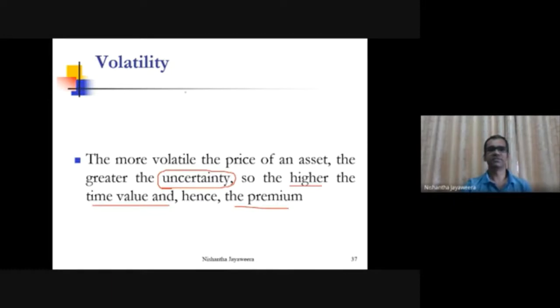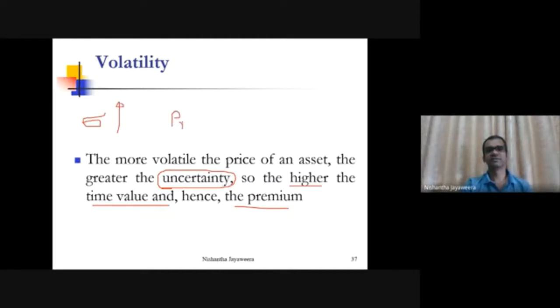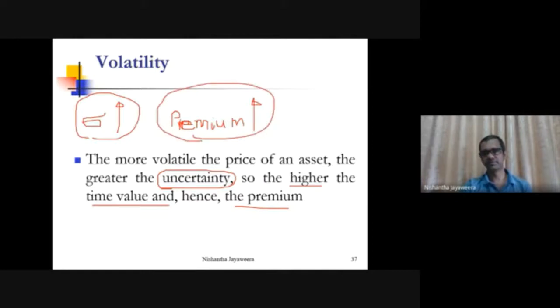Remember here, volatility we measure through the standard deviation. If volatility increases, premium increases. That's the relationship. High volatility, high premium.